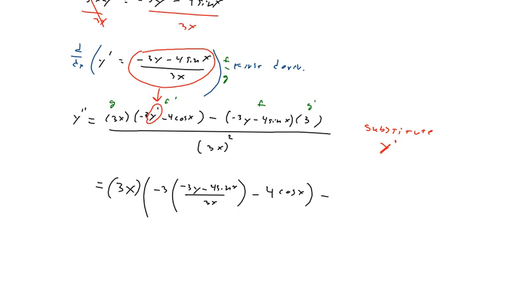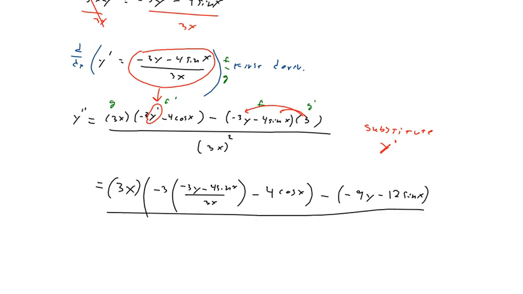I'm going to take this 3 actually, and I'm going to do a little bit of simplifying here. I'm going to distribute this 3, make my life a little easier, minus negative 9y minus 12 sine x over, I guess I could do 9x squared.